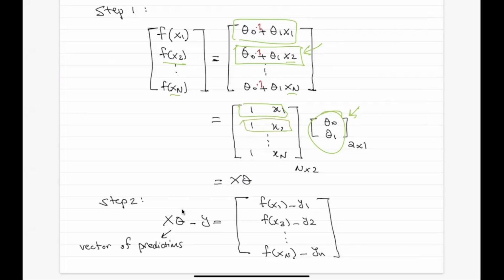So this means that if I multiply my data matrix or input matrix by theta, this matrix vector multiplication gives us a vector that contains all predicted values.